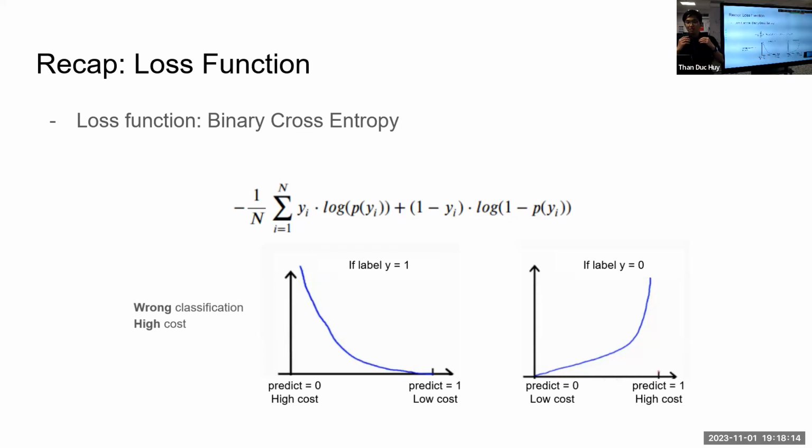But what about classification? In classification, how do we quantify how close we are to the desired classification? Last time we introduced this idea of the binary cross entropy function, and it is formulated as y_i log probability of i.